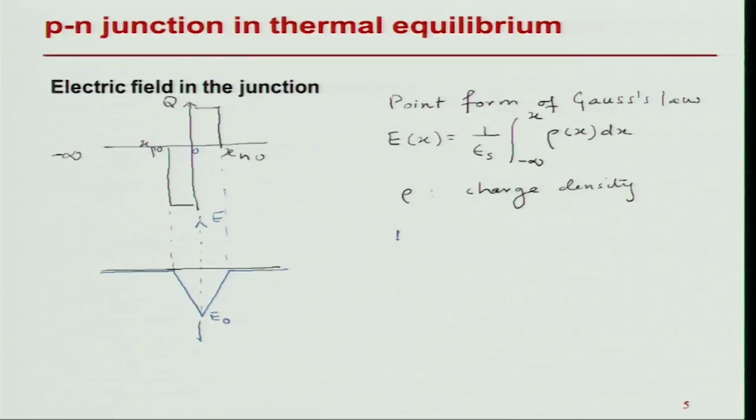What is the maximum value of this field? The maximum value of this field is nothing but the total charge that you have, which can be obtained from this equation, is going to be x p o, or since all the charges are equated, it can also be written as n d x n o.